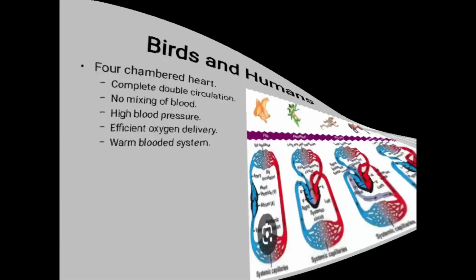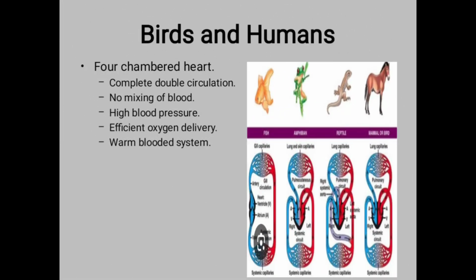Next we will talk about the birds and human circulatory system. Now I will tell you that a four-chambered heart is called complete double circulation. There is no mixing of blood. Instead, the gas exchange occurs mostly.